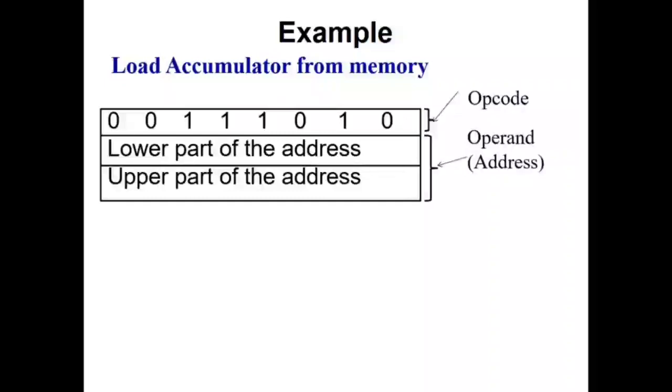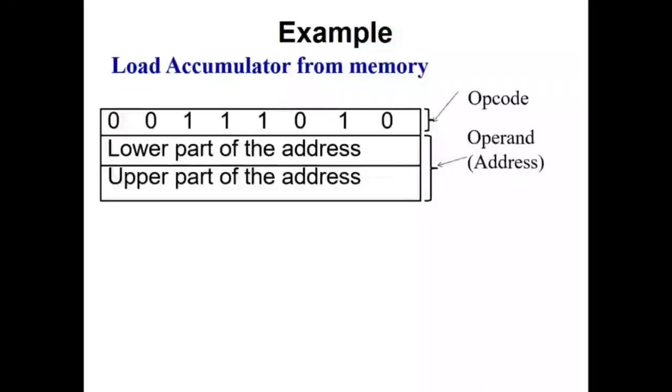So we load the accumulator because it is the one which receives the information from memory, and then we mention from which memory location. That means whatever is in that particular memory location is put into the accumulator.